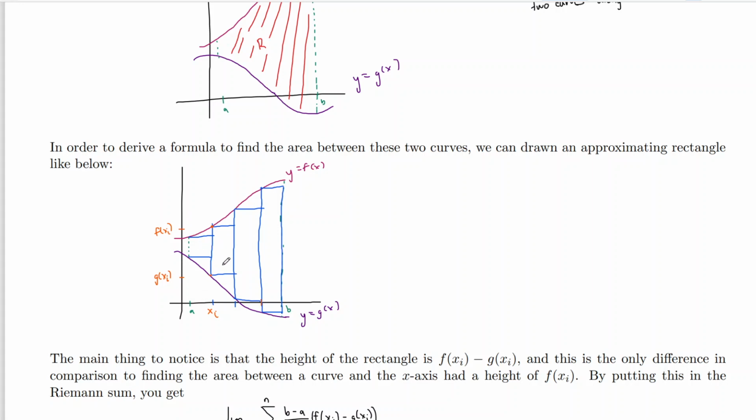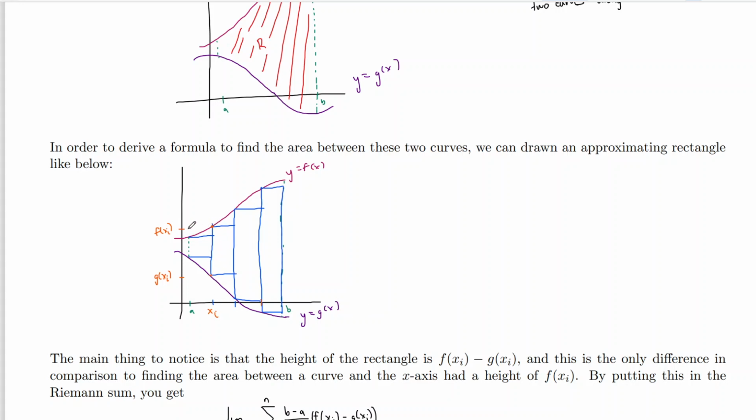The main difference here is: what is the height of these rectangles? I'm looking at the second one here because it's the easiest to see what's going on. For the height of the rectangle, I chose the left endpoint, so I'm looking here, and I label this point x sub i. I don't necessarily know what the x value is; it might be the first one, but it might be the 10th one, so I'm just drawing an i for that.